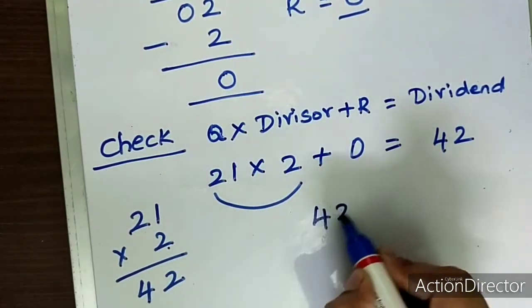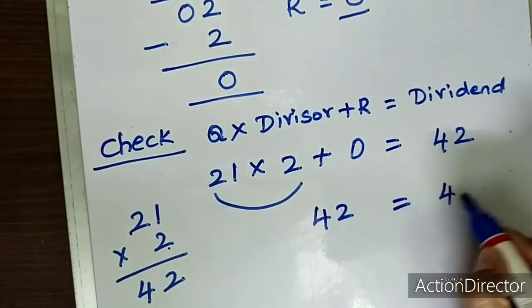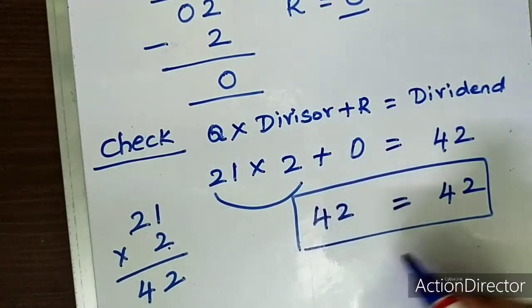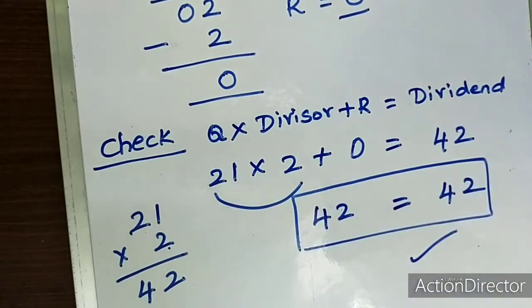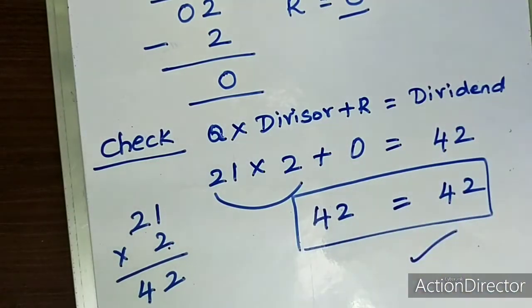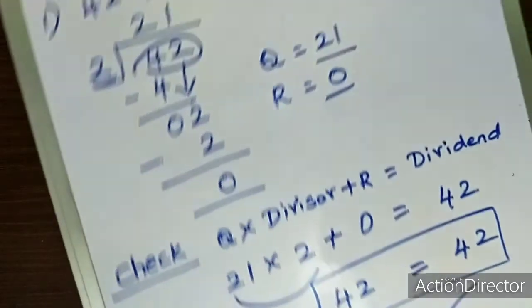So 42 is equal to 42. We got the answer as correct. We have checked the answer and on both sides we got the same dividend, so what we did is correct. Now one more sum we'll do.